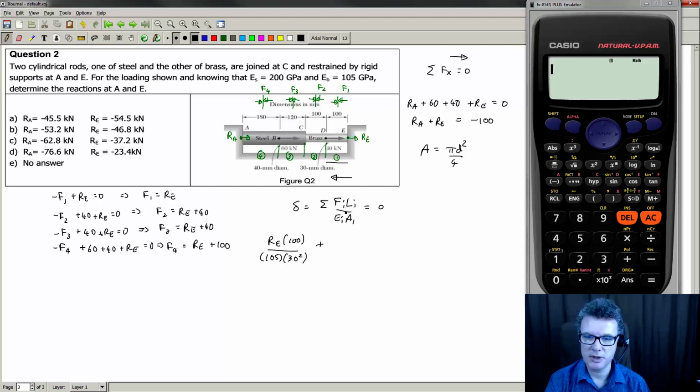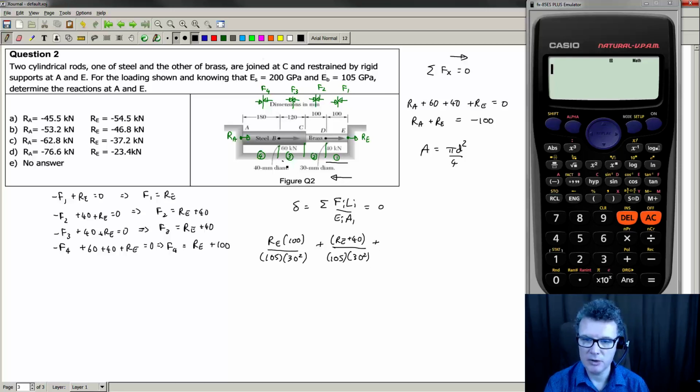Now let's look at the next one. So we're doing the F2. F2 equals RE plus 40. We're still brass, so we've got Young's modulus 105, and its diameter is still going to be 30 squared.